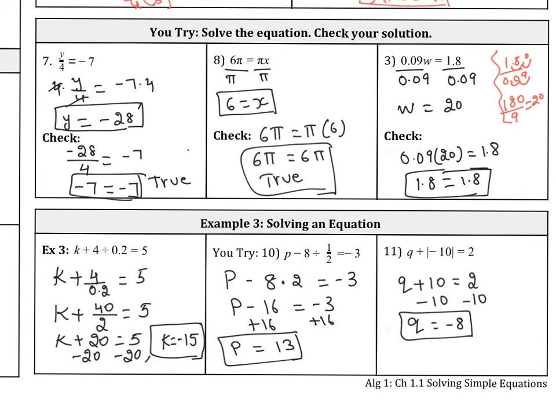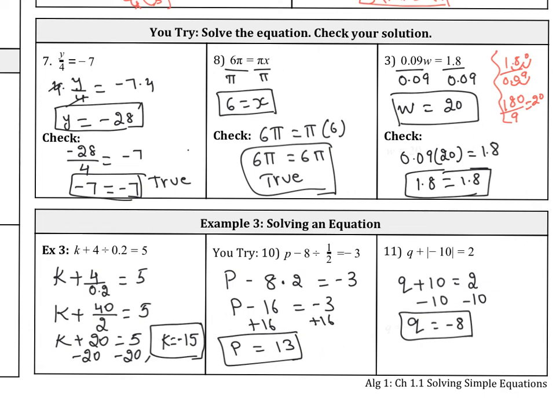When you divide 180 by 9, you get 20. So W equals 20 is your answer. For the checking part, you use the given equation and plug in 20 for W. 20 times 0.09 is 1.8, and that's equal to 1.8, which is true.